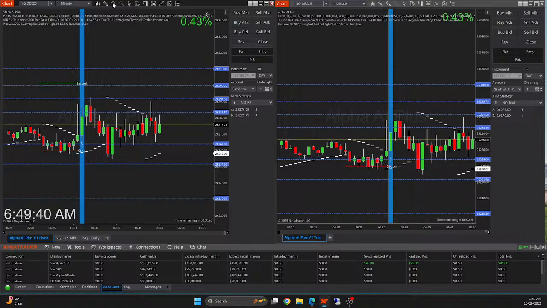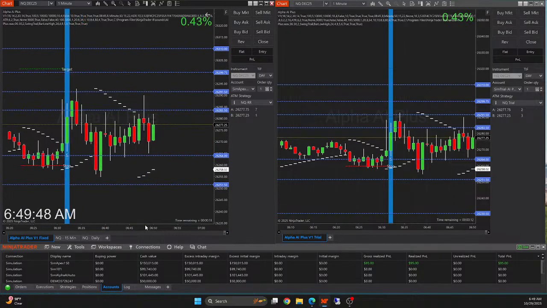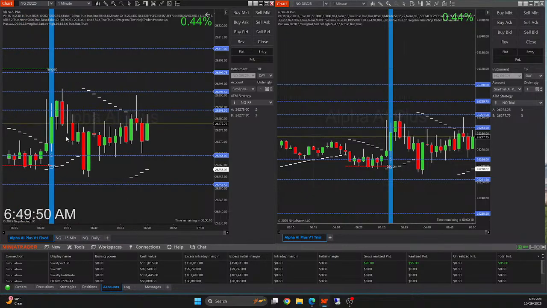Look at the choppiness, man. Market since open has been in this range between this 15. Just look how powerful the 15 minutes is. Since open, it is actually between these two lines. That's it. An 80 tick range since open.